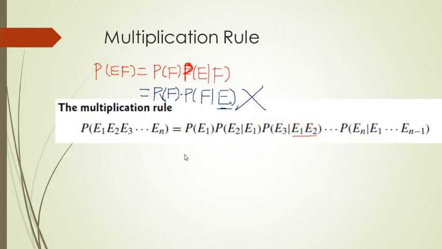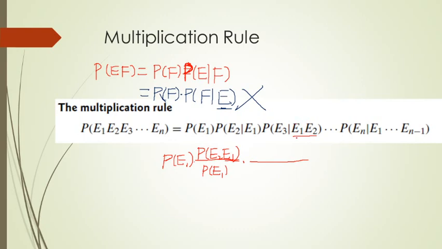So the first one is the probability of E1. And then how can we rewrite the second one, the conditional one? Given event E1 occurs, that will be the probability of E1 as the denominator, and then the probability of E2 and E1, right? That is how we write the second term. Now what is the third conditional probability?